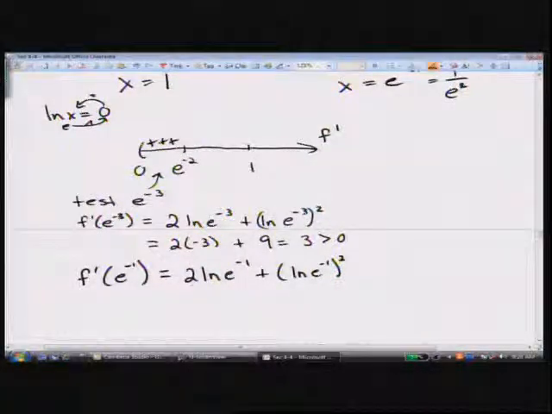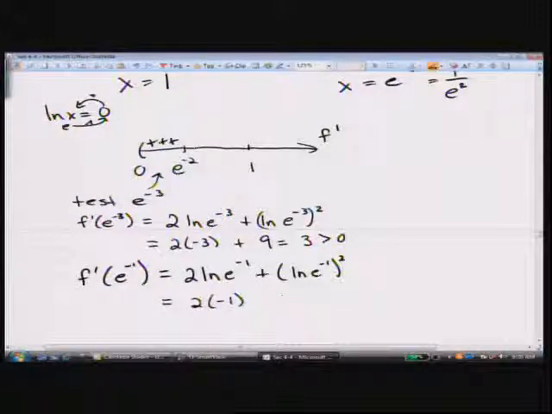All right, so if we test e to the negative 1 here, we're going to have 2 times negative 1, and then this will be the ln of e, which is negative 1, squared, which is 1, so this is less than 0. So we're negative.